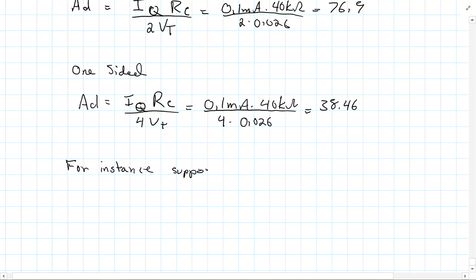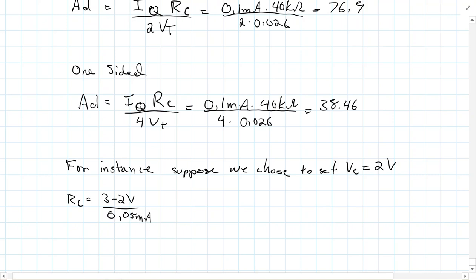But for instance, suppose we chose to set VC to 2 volts. Well, then RC would simply be 3 minus 2 volts over 0.05 milliamps, which would get us 20 kiloohms.